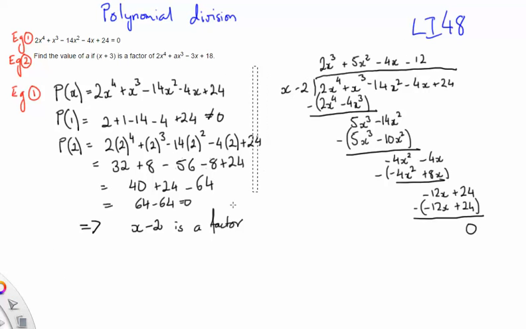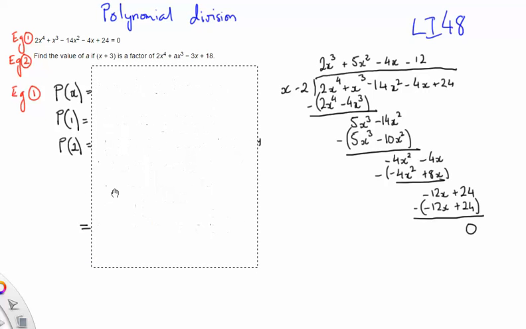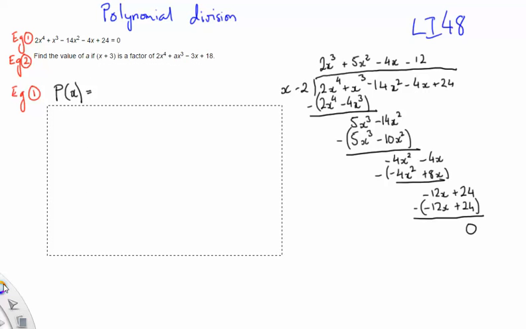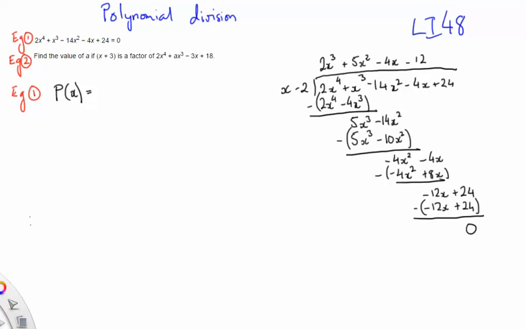It leaves us with p of x as x minus 2, and then all that stuff in brackets, 2x cubed plus 5x squared minus 4x minus 12.